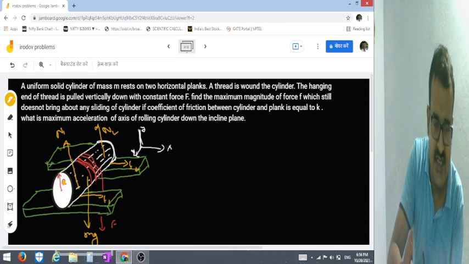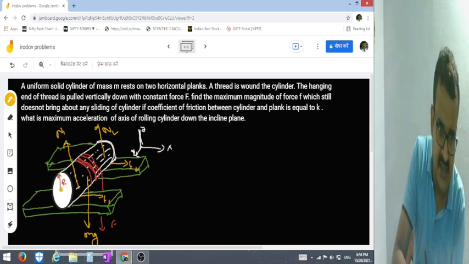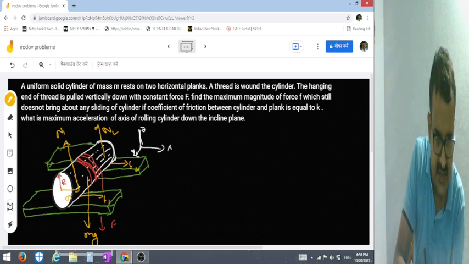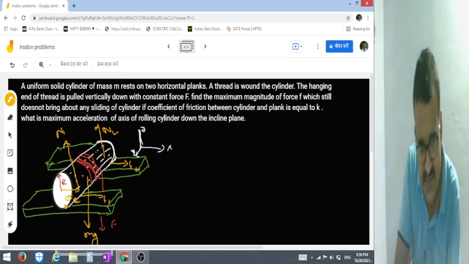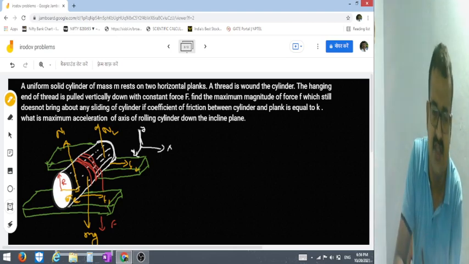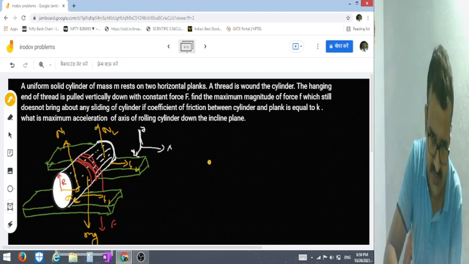Since the cylinder is accelerating, let us take the direction of that acceleration in this direction, and denote it by a_c, such that a_c is equal to R alpha, where alpha is the angular acceleration of the cylinder while rolling.